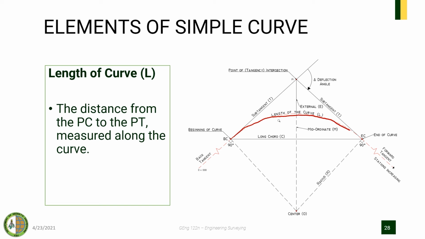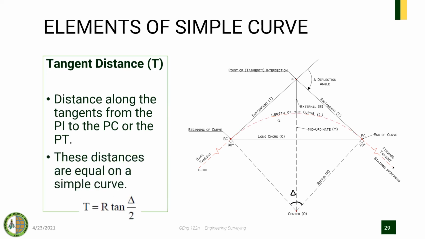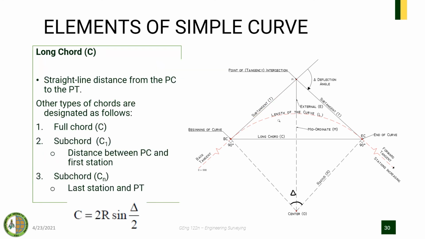We have the tangent distance or the subtangent, which can be computed by this formula. And we have the long chord, the straight distance from BC to EC. We also have the full chord, and the subchord, which is the distance between PC and the first station.